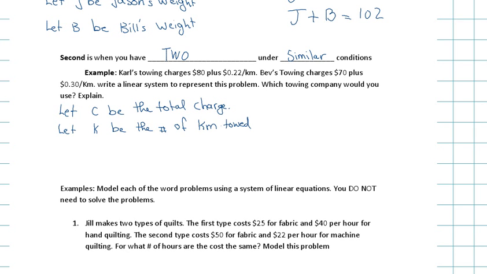So I have Carl's Towing, and I have Bev's. What would be the charge of Carl's Towing? 80.